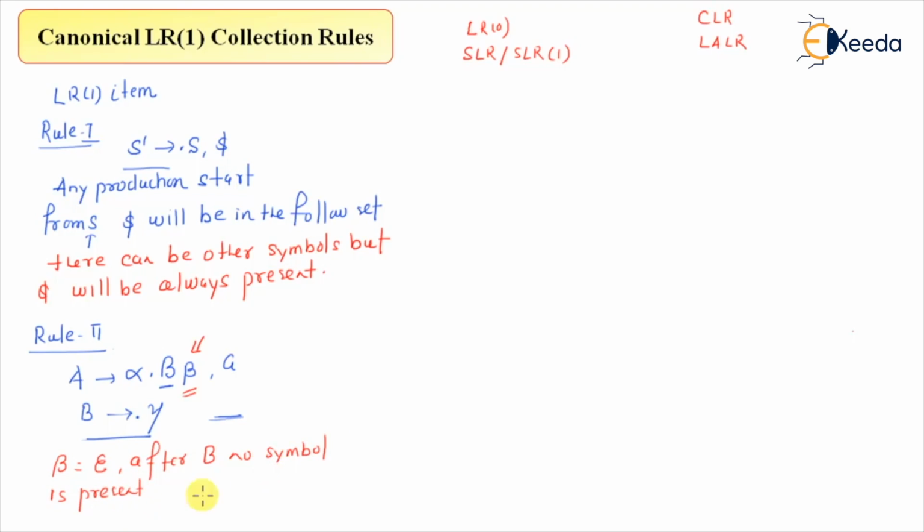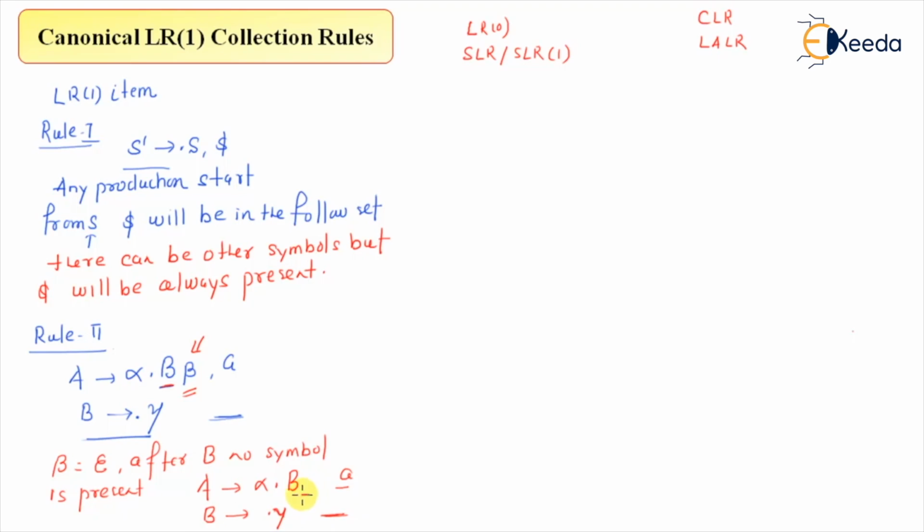So in that case, if you are adding this B derives dot gamma because of this, and no beta is present, let me rewrite this. If it looks like this, A derives alpha dot B, there is no beta. In that case, if I include gamma because of this closure operation, then what should I write here as a follow symbol?